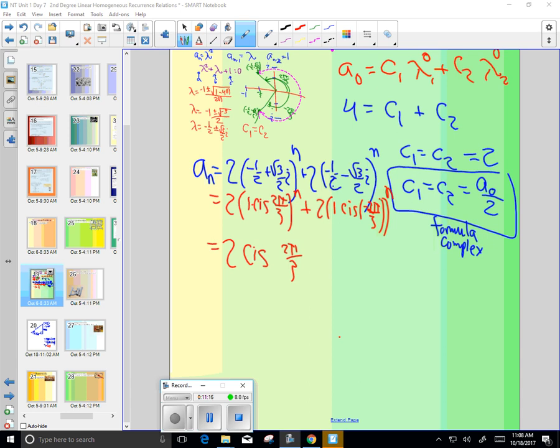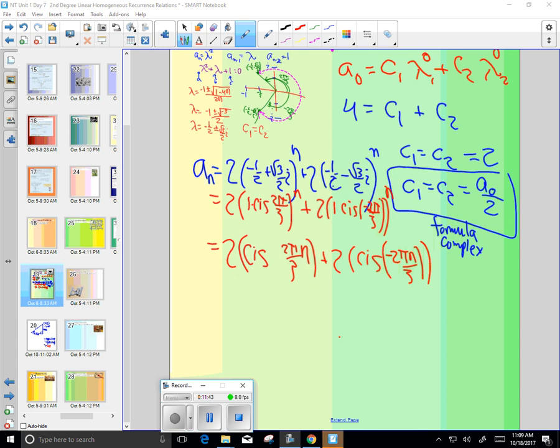You can do the same thing with cis. So this becomes cis of 2 pi n over 3. And this becomes cis of negative 2 pi n over 3. Do you like this? Okay.